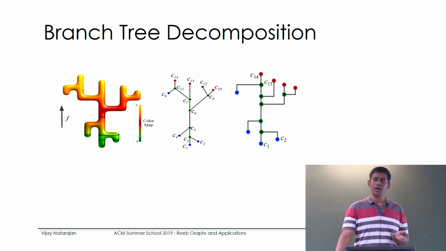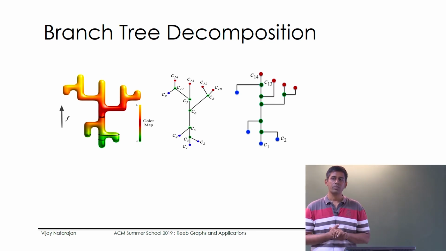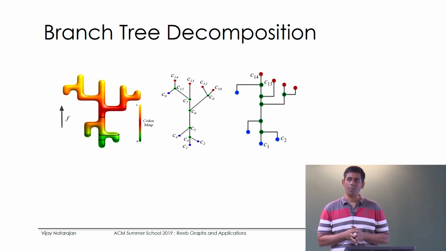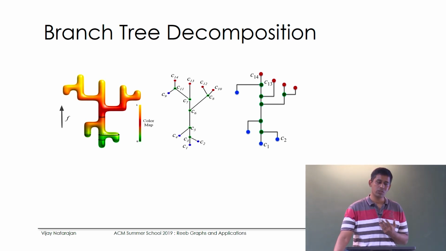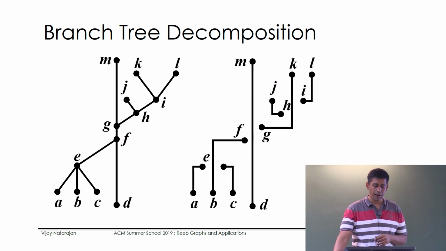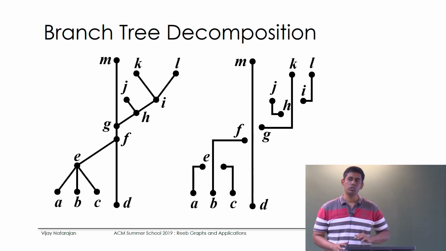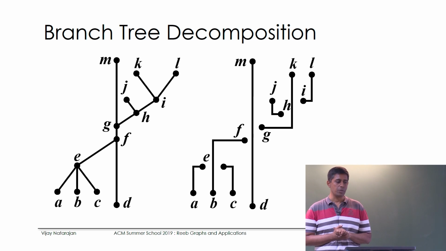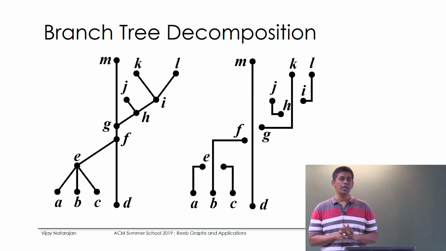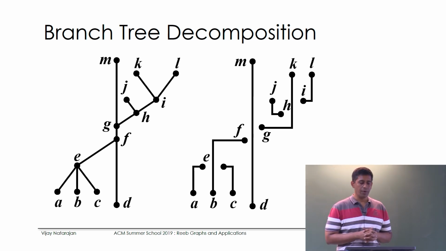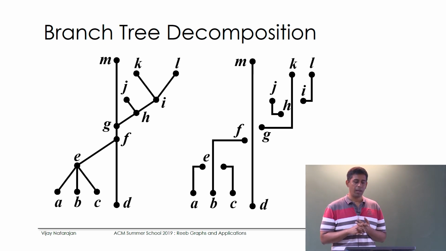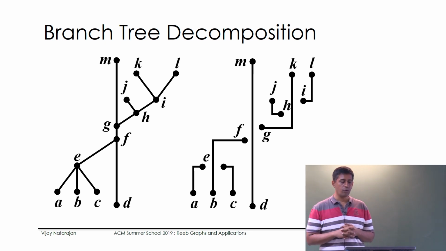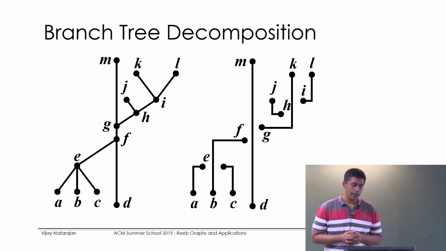So, the branch tree decomposition will look like this. The question is, how do you come up with this representation, right. Since you have seen simplification, this is already very natural, right. So, here is another example where you show that branch decomposition explicitly. On the left you see a contour tree, right, which has 4 minima, right, and again 4 maxima in this case, right.